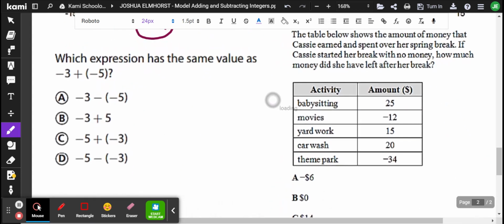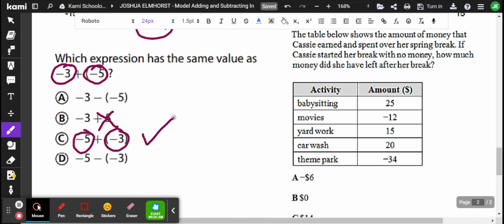Which expression has the same value as -3 plus -5? So we have -3 and we have -5. Going down here, that is not -5. Looking at this one, we have -5 and we have -3. So this one looks pretty good. Let's double check A and D. This is subtracting, taking away negatives.